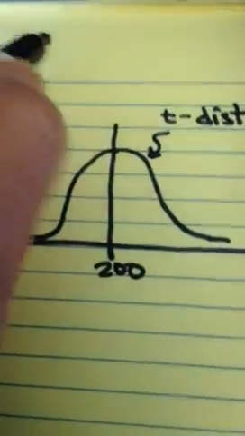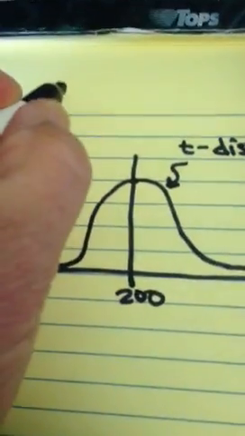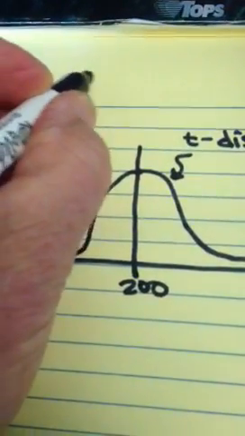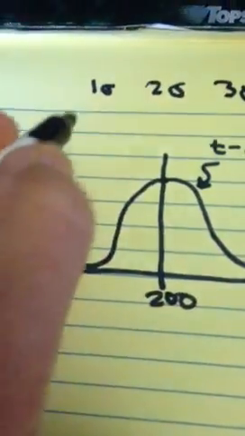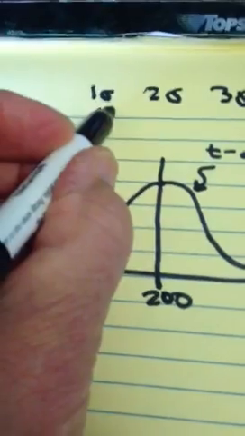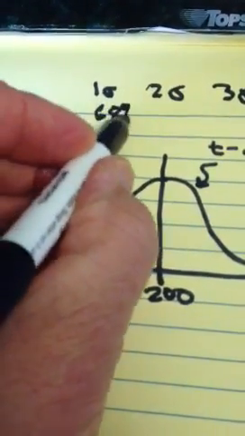And you'll remember one other thing from statistics, that 1 sigma, 2 sigma, and 3 sigma represent plus or minus 1 sigma, 68% of the distribution.